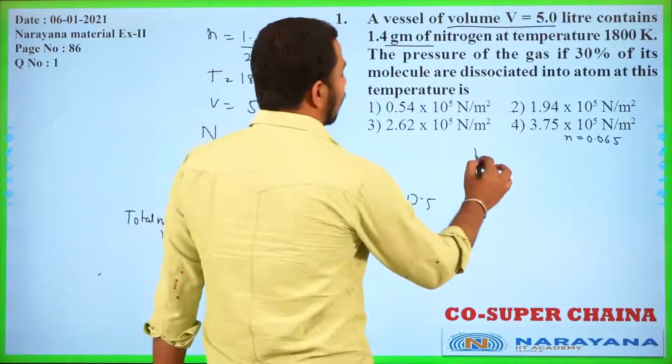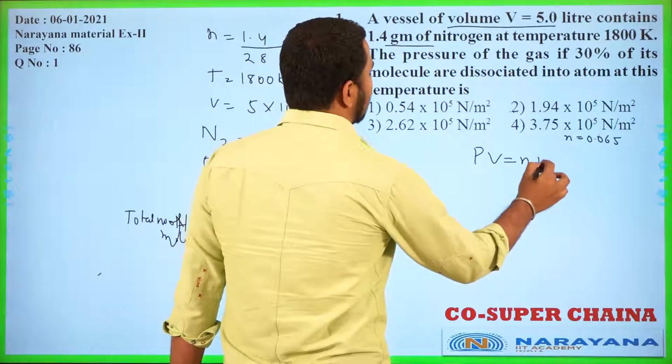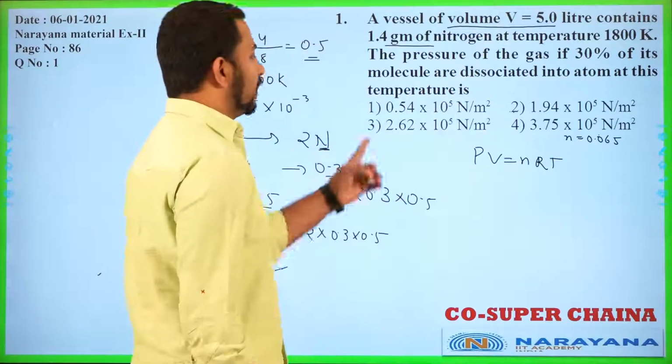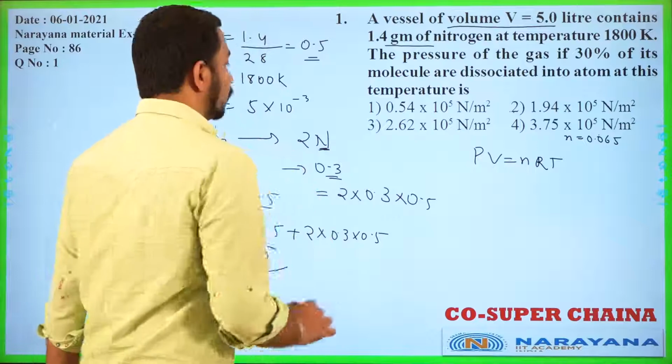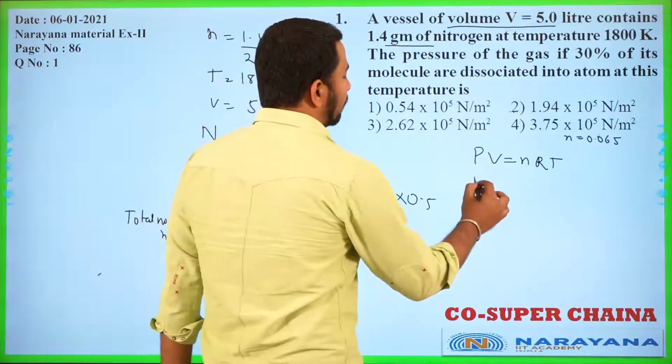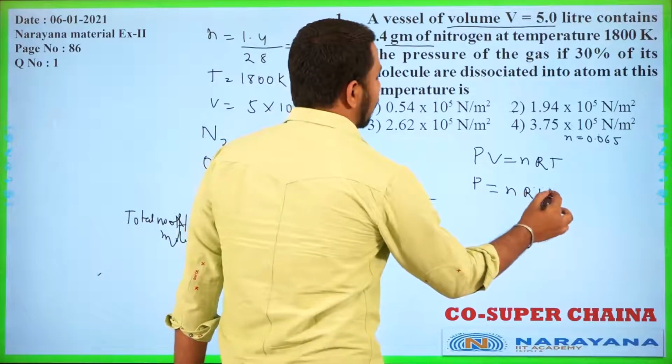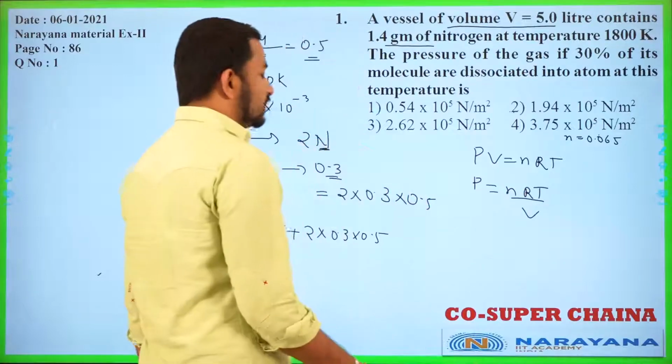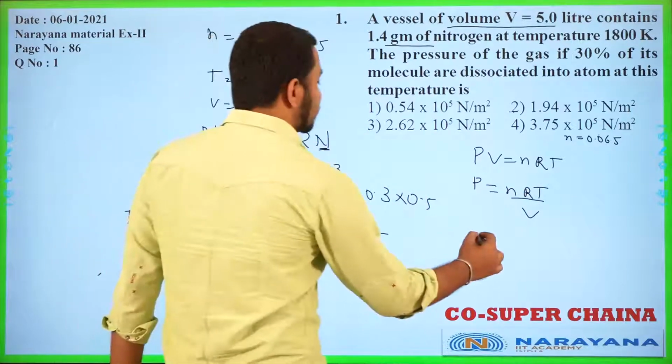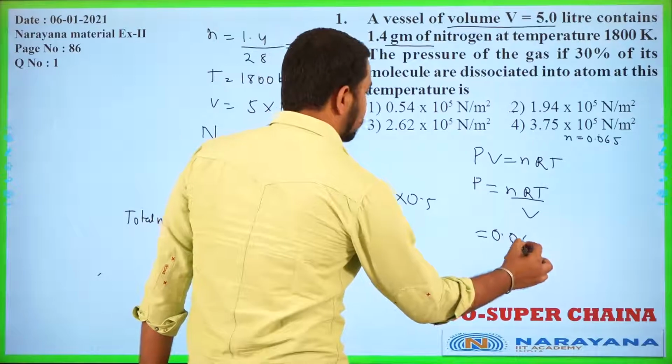Now we have to use PV equals nRT. What we have to get is the pressure, and we got the total number of moles here. So P will be equal to nRT by V. Students, substitute the n value here: n is coming as 0.065.